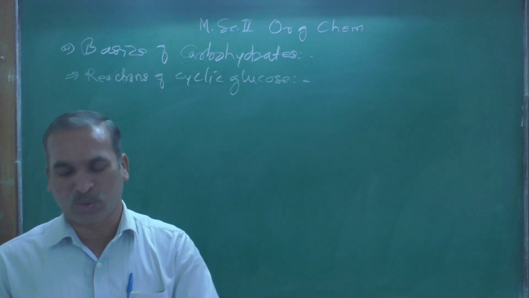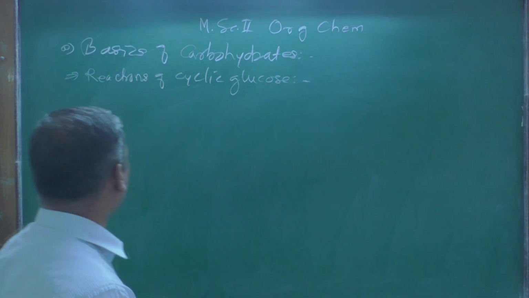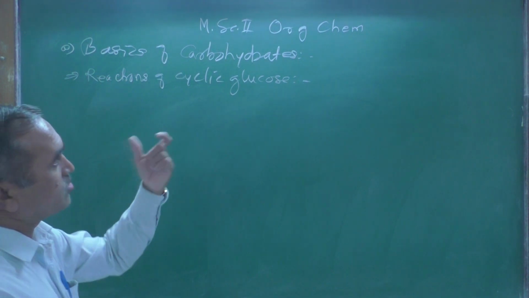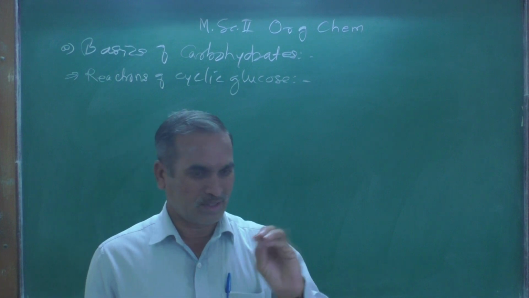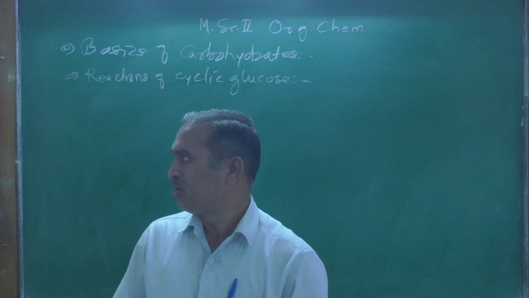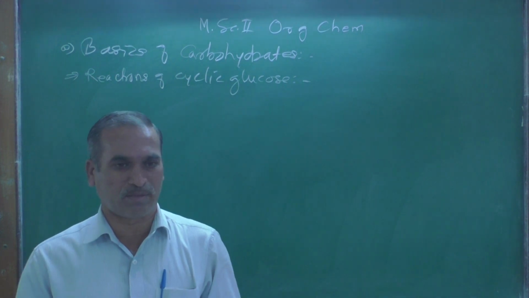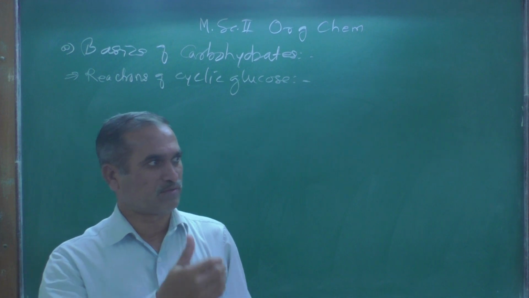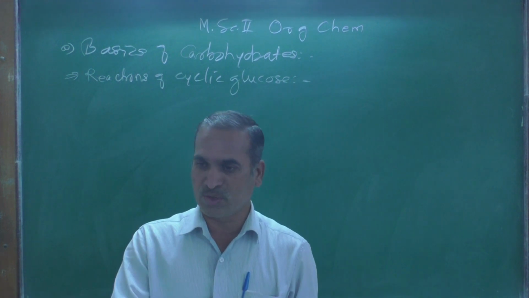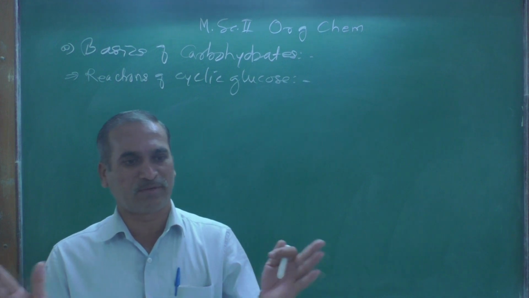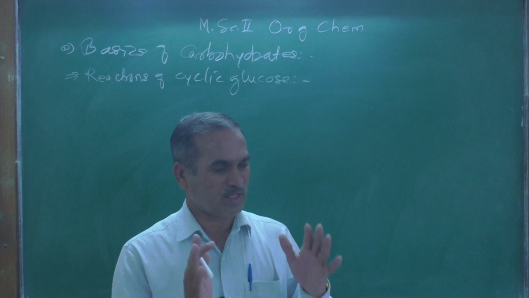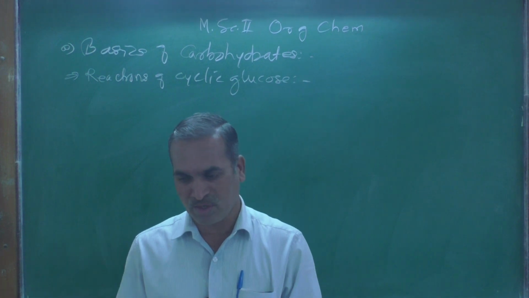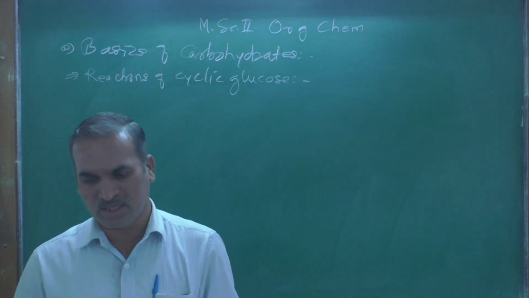Today we are going to discuss the reactions of cyclic glucose. In one of the earlier lectures we already discussed some reactions of glucose. There, we wrote the structure according to the Fischer projection formula and treated it with various reagents to get products.